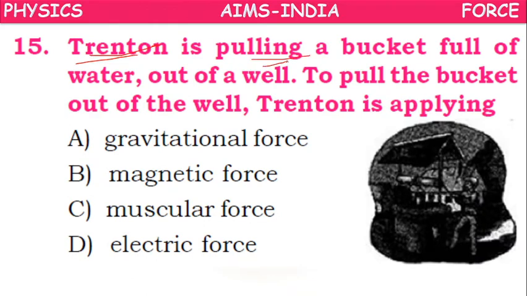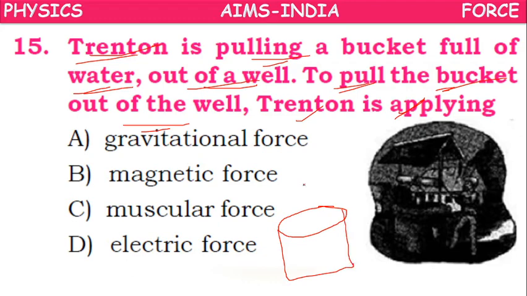Trenton is pulling a bucket full of water out of a well. To pull the bucket out of the well, Trenton is applying what? Here we have a well, and a pulley will be there.